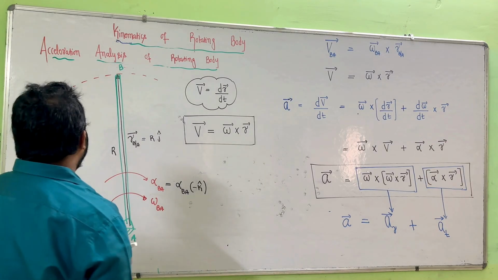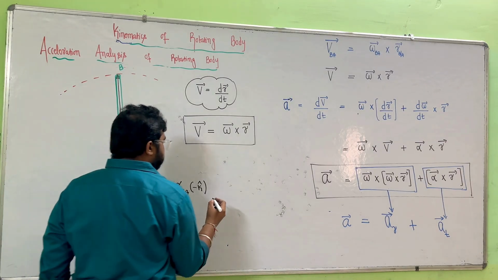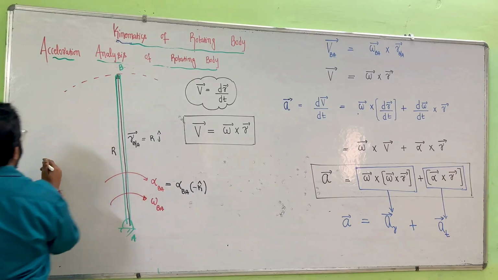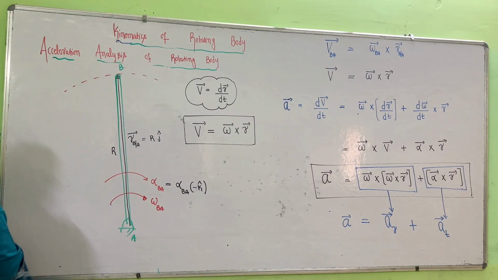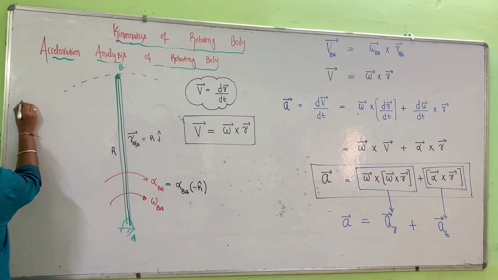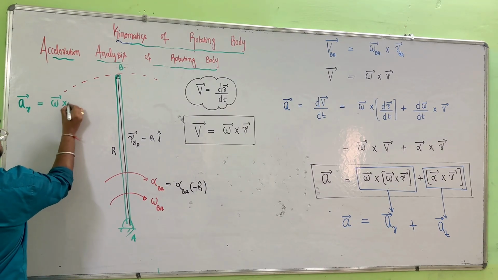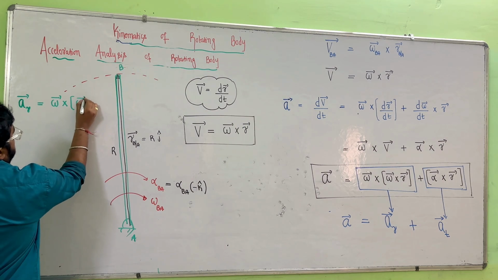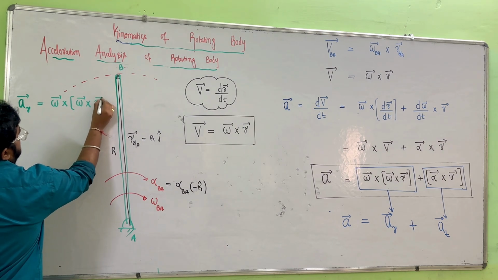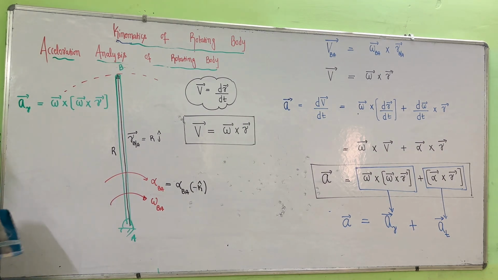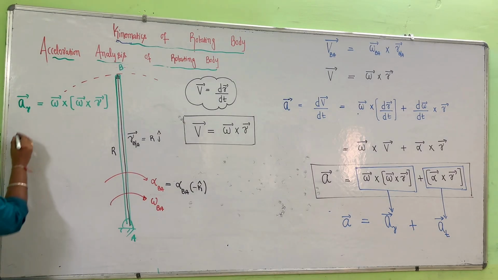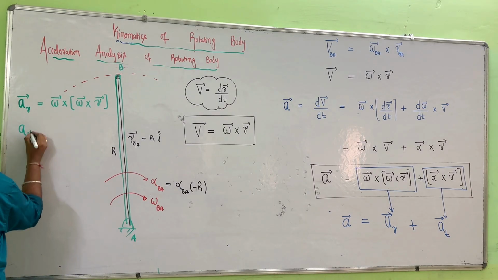You can write separately. What is the radial acceleration? Radial acceleration equals omega bar cross omega bar cross R bar. What is the tangential acceleration?